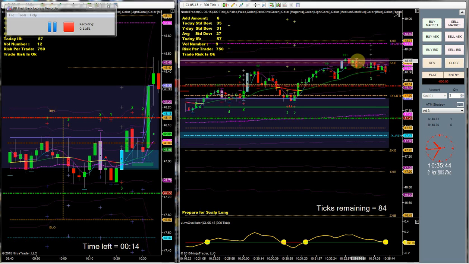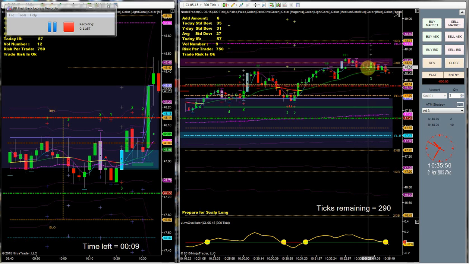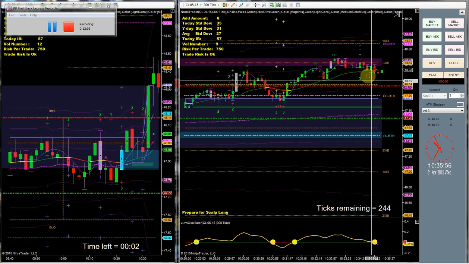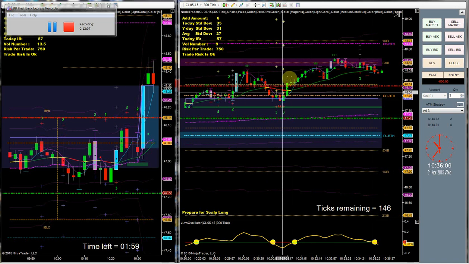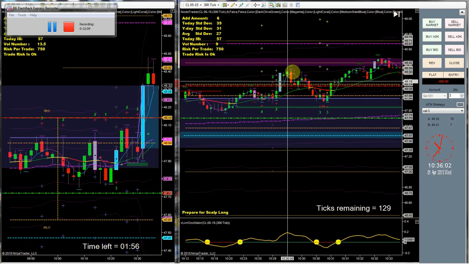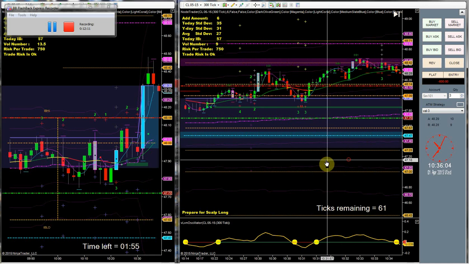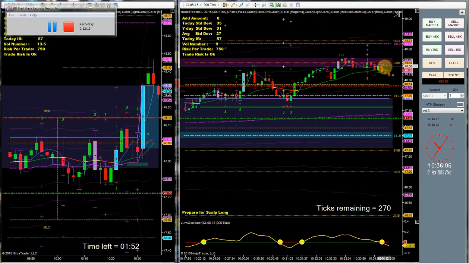So that would have gotten filled right there on this bar right here, and we would have been at break even. So we would have hit our first take profit on this trade here. So Wednesdays, it looks like waiting until after that news comes out and seeing what direction it's going to push the market might be a good idea for some good trading there.